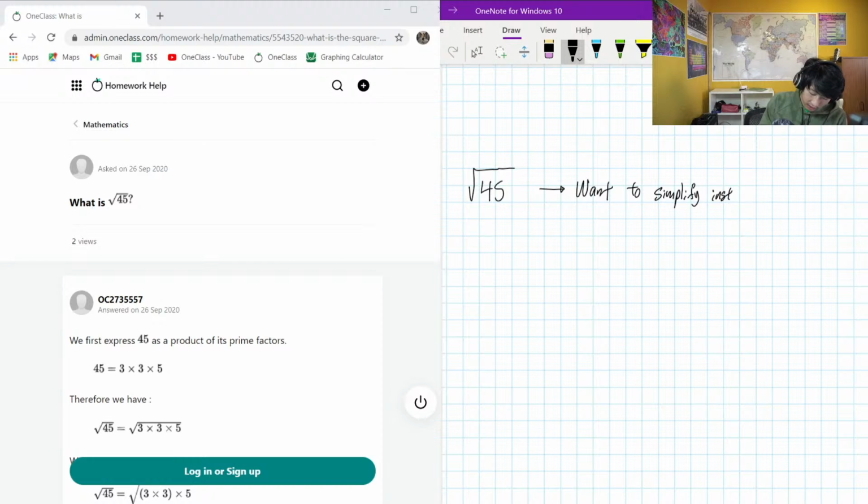instead of direct calculation. Some calculators are pretty good and they can automatically simplify this for you, but I'm going to teach you how we can do this just off the power of our noggins. So the first step that we want to do is factor all under-root stuff to prime numbers.